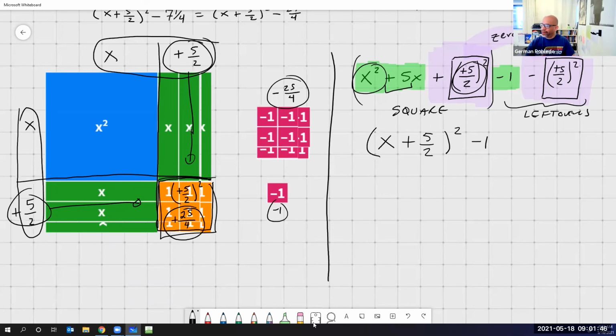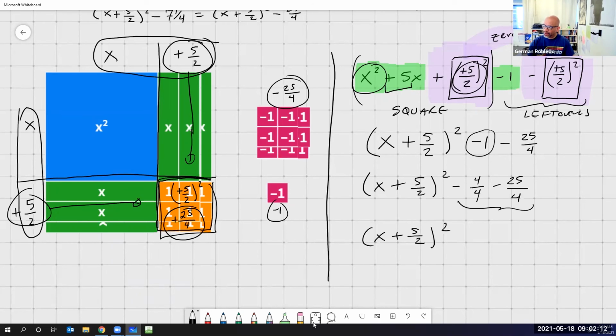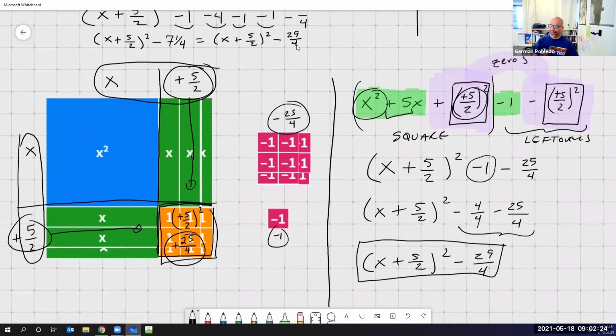So I have the -1, subtract, and we said this was 25/4. Remember, when you add or subtract fractions, you have to have a common denominator. So I'm going to rewrite this in terms of fourths. So that's going to be 4/4. And so now I have my common denominator, and this becomes 29/4. And that is good to see because that's exactly what we had up here, right? That's exactly what we wrote. So that problem is correct.